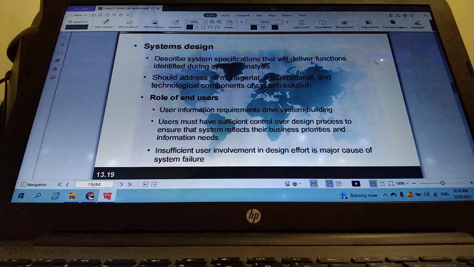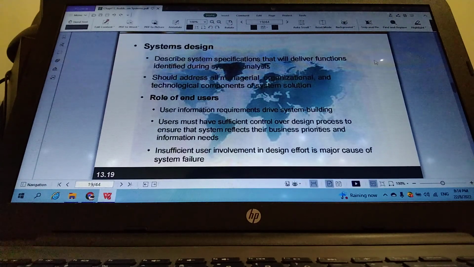Users from all the departments, users who will be using the system in the future, make sure the IT team and the vendors develop what the users need, not what the IT team and the vendors are capable of, but what the users really expect out of the system development work.